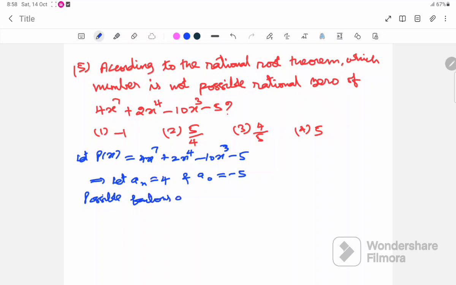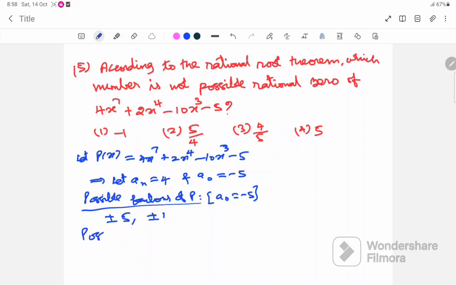Possible factors of p, it means possible factors of a0. For minus 5, it will get divided by plus or minus 5, and both will get divided by plus or minus 1.